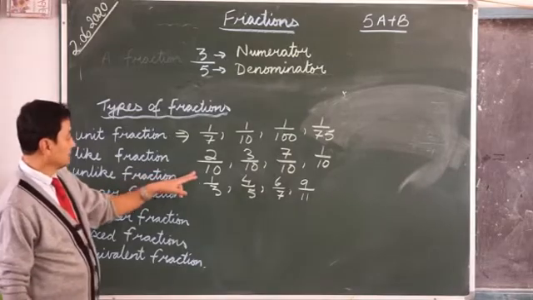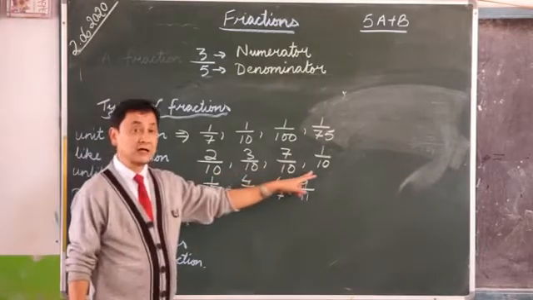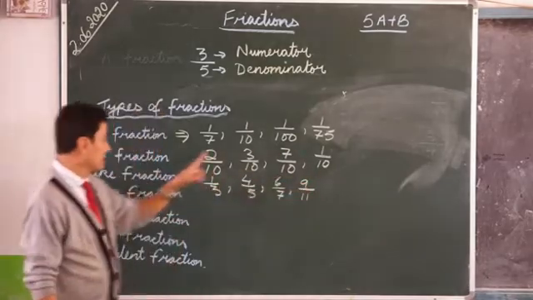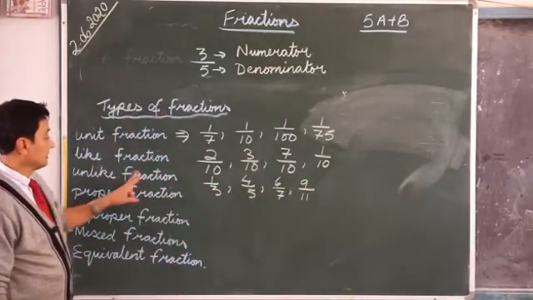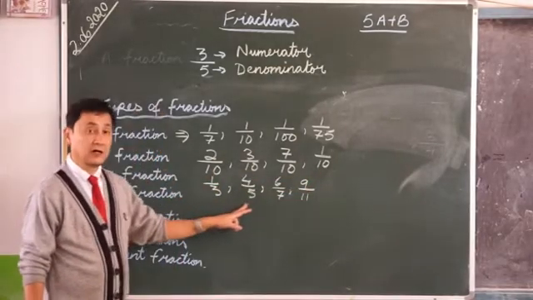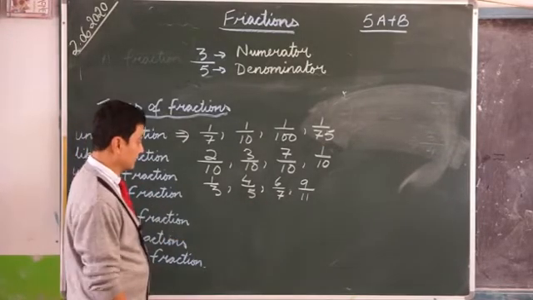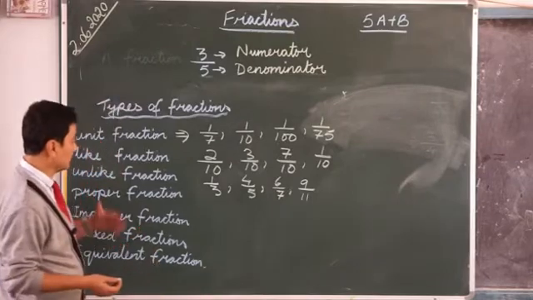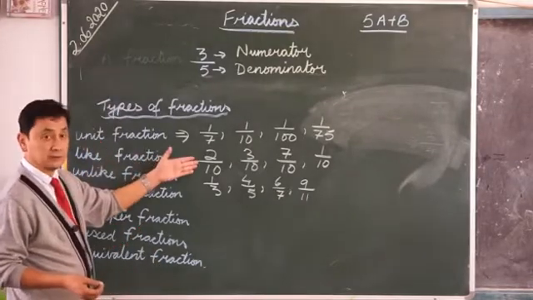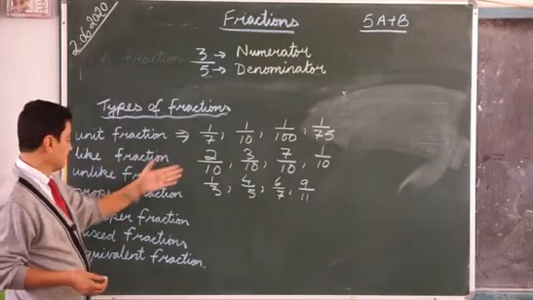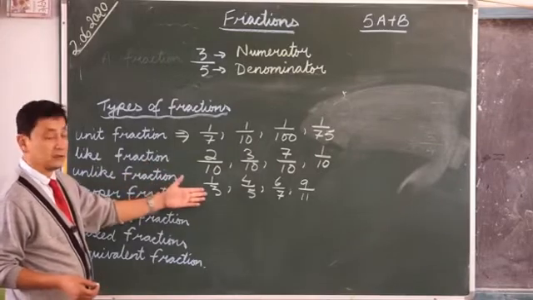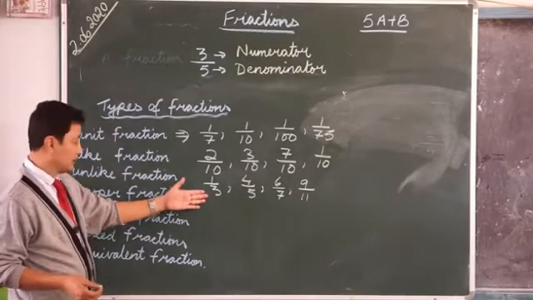In like fractions, all the denominators are same. In unlike fractions, the denominators are different. Okay? They are different. So that's the difference. Like fraction, denominators are same. Unlike fractions, denominators are different.